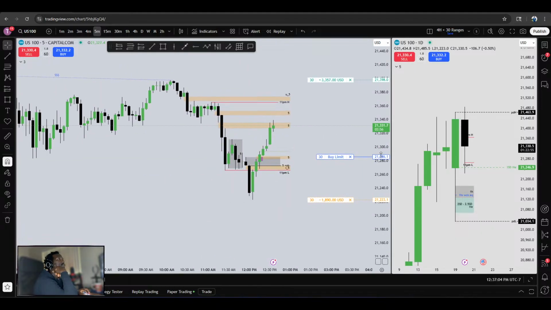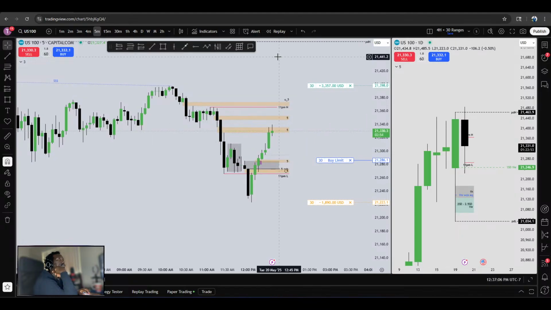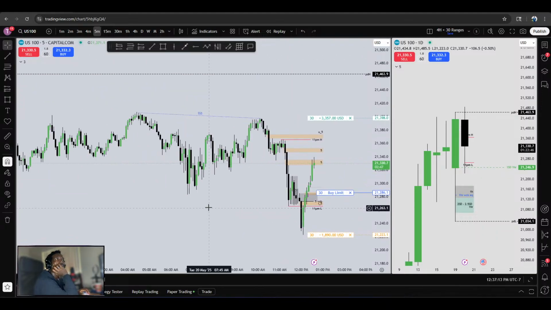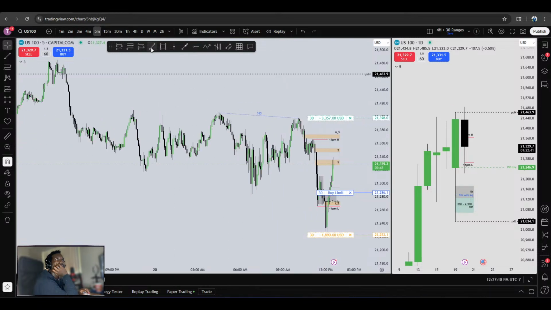So we might see the 1250 candle just plow through this and take out that high. High probability will still trade above those highs, and we have some more here.